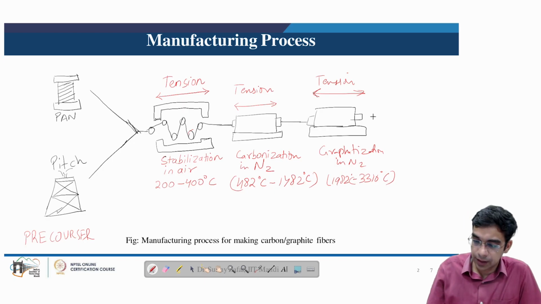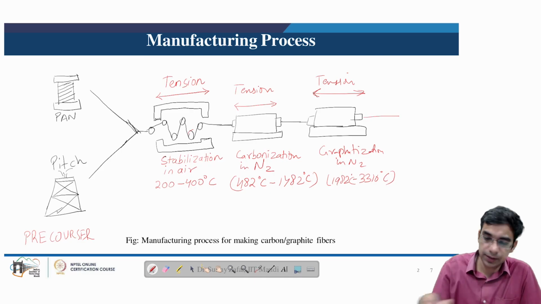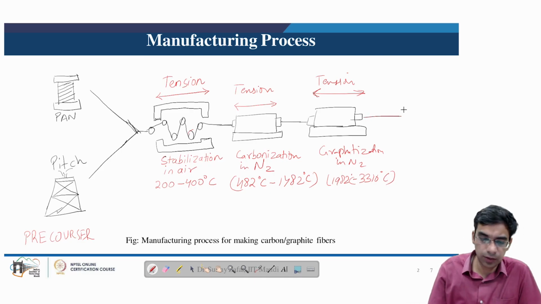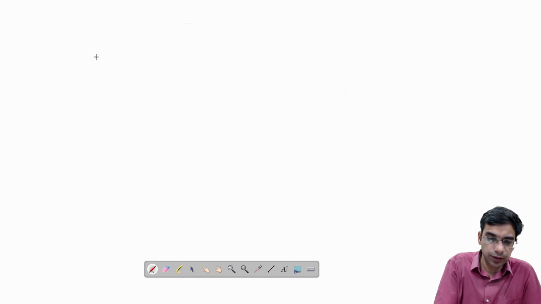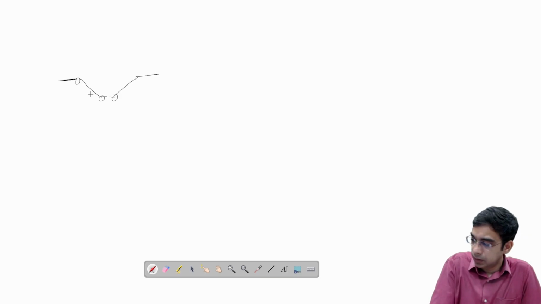After that, the fiber passes to the electrolyte bath. So here, after that it will come into the electrolyte bath, wherein the impurities may be removed.